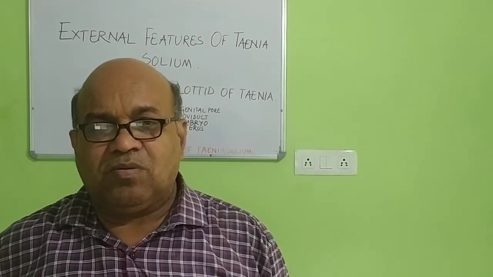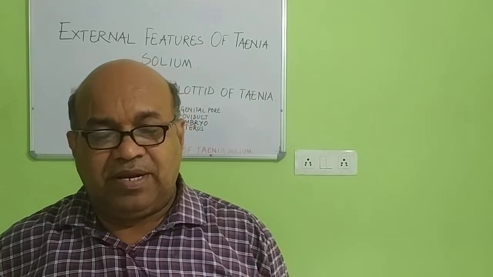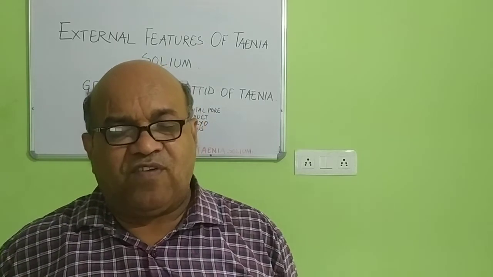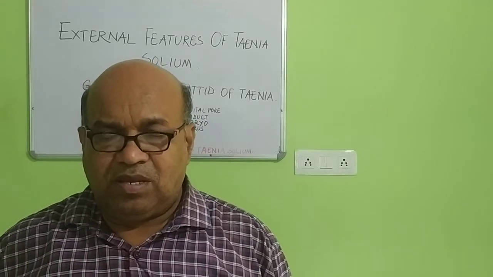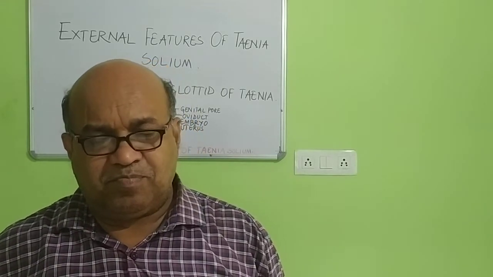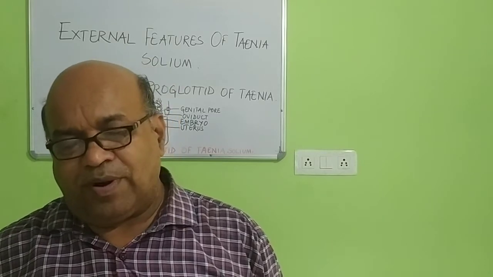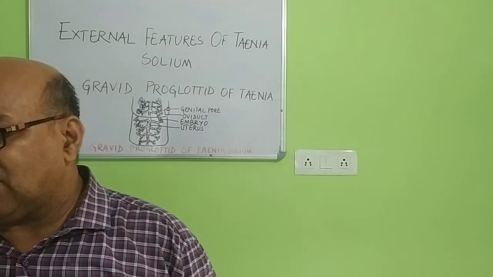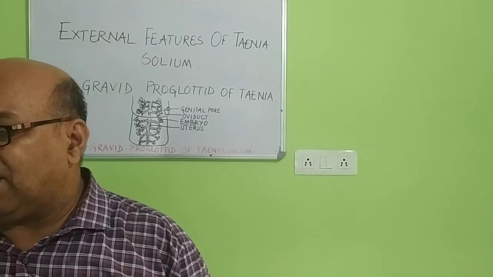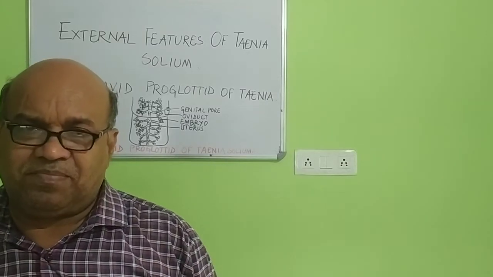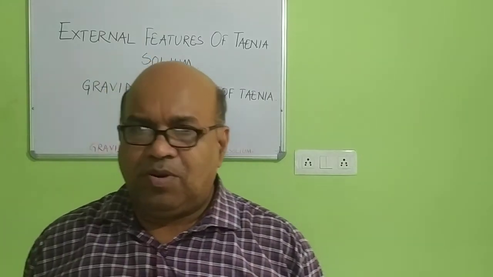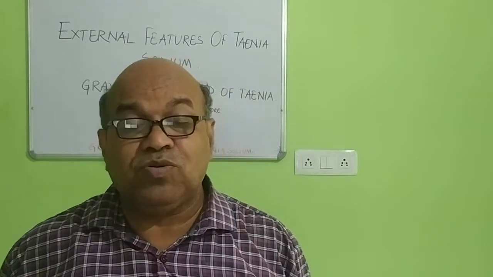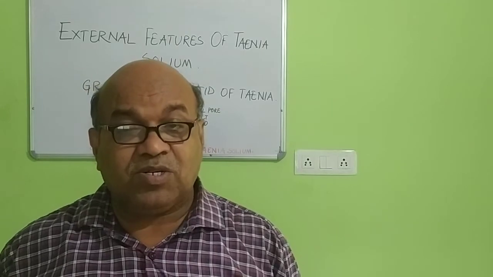There are no reproductive units like the testes and ovaries there. You only find the embryos. Embryo-carrying proglottid segments in Taenia solium are known as Gravid proglottids of Taenia solium.